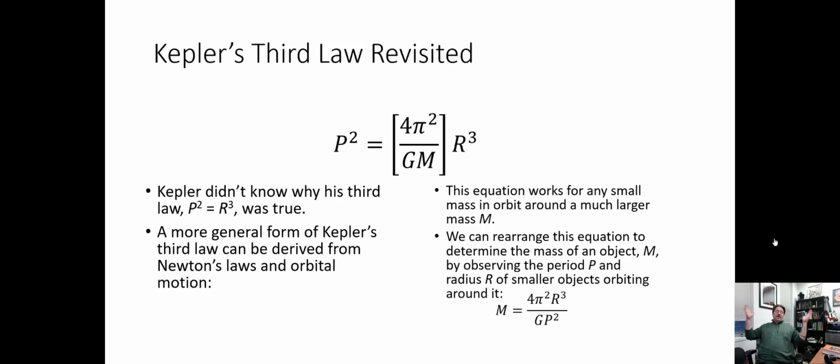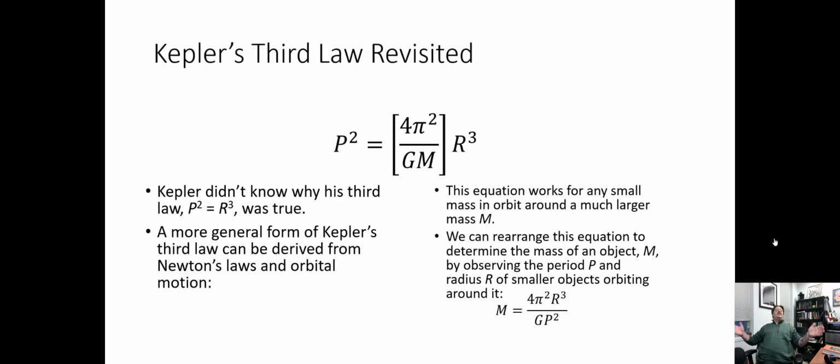And the really cool part is we got 4 of them: Io, Europa, Ganymede, and Callisto. You can do this with all of them, and you can get the same mass. You get about 310 times the mass of the Earth. So, awesome check to Newton's laws.